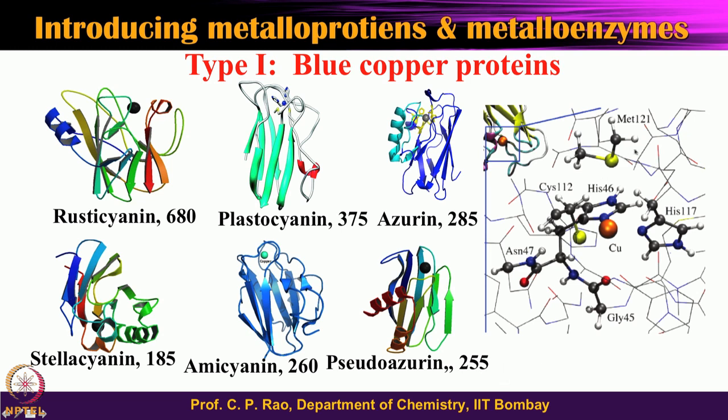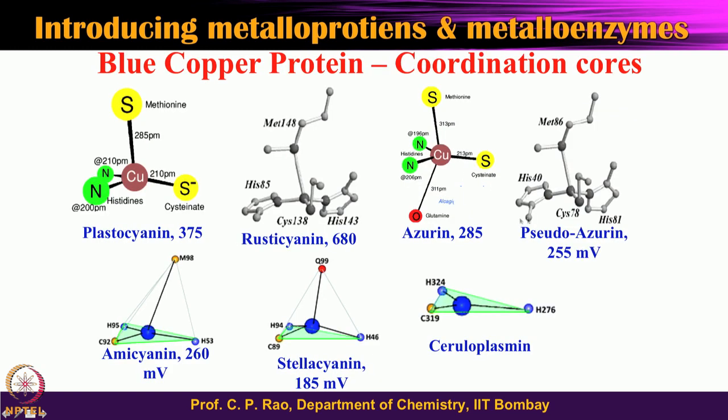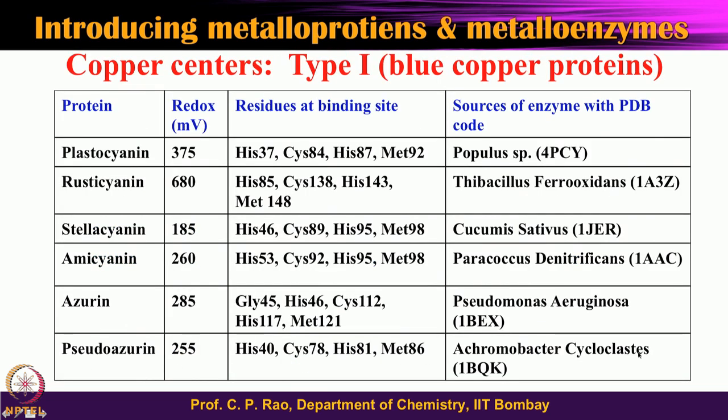And you can see the protein moiety close to this, and this is the center where you have the copper and its binding moieties. On this slide you see just the structure of the copper center only, the copper coordination spheres. Now, what exactly is bound?